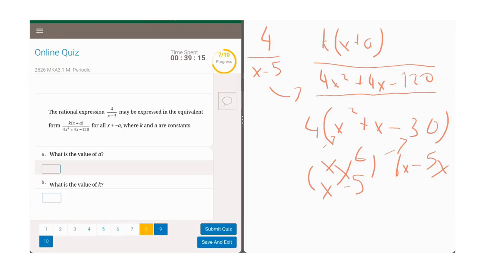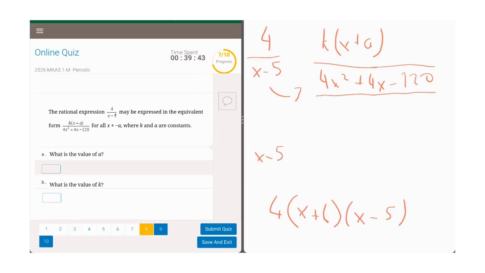So that means that the denominator in simplest form is 4x plus 6 into x minus 5. And the old denominator was x minus 5. To change x minus 5 into this, we multiply x minus 5 by 4x plus 6. So I multiply the numerator here, which is 4, by 4x plus 6.